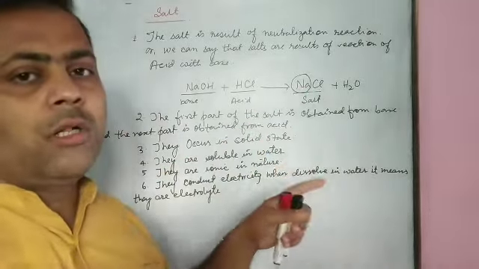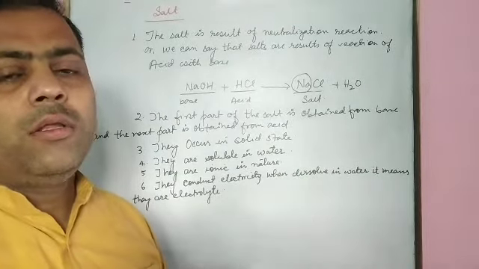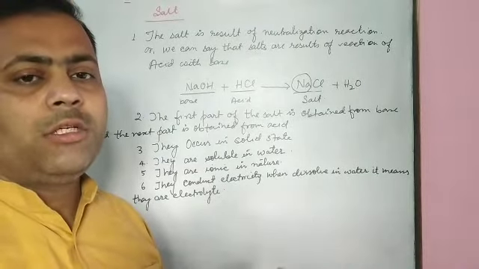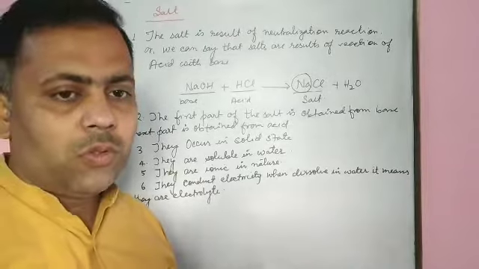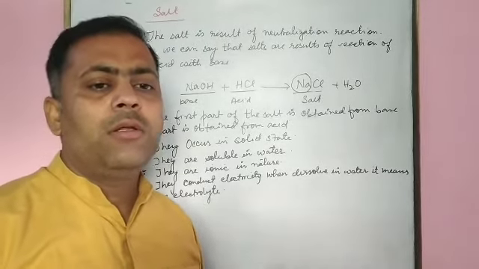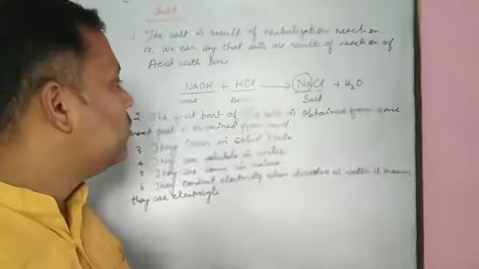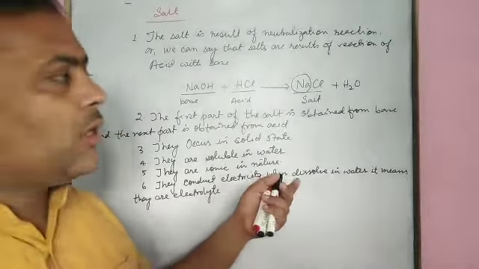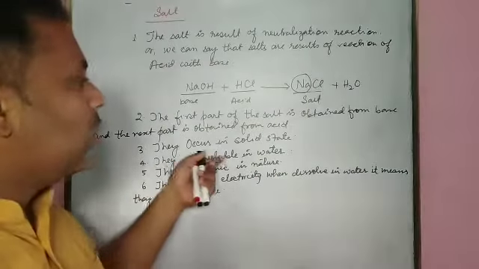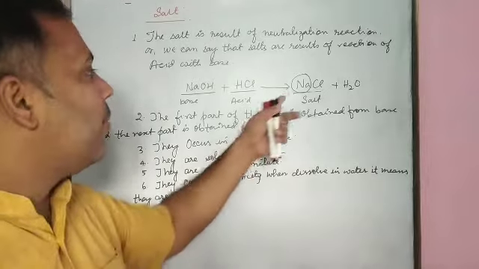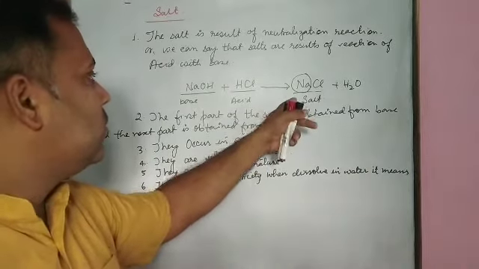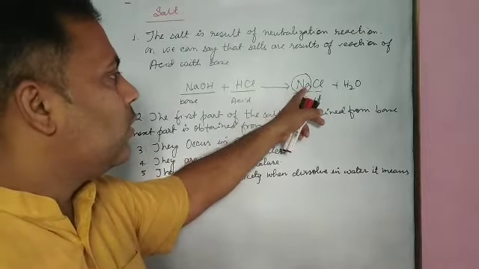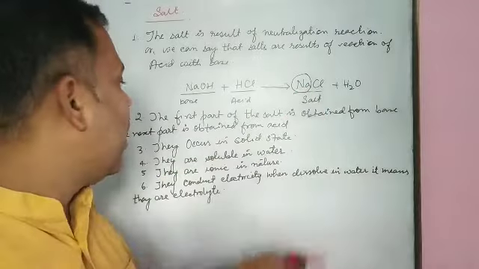The salt does not imply only sodium chloride. The various salts are there: magnesium sulfate, magnesium chloride, sodium chloride, potassium sulfate, sodium nitrate. They occur in solid state because they have ionic bonds. It means in case of salt, they have force of attraction between the ions.